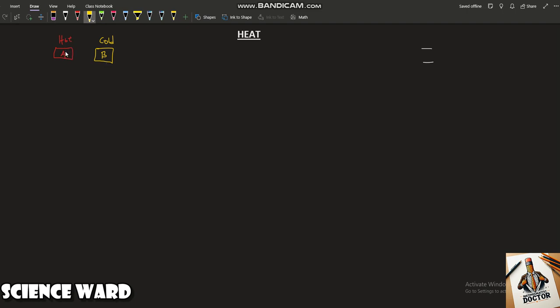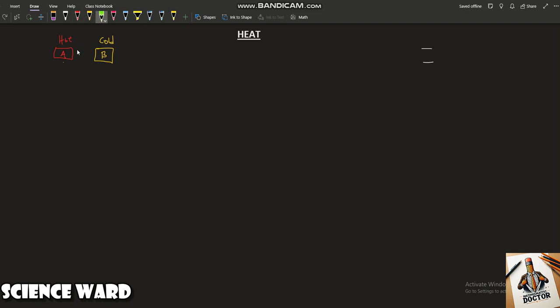So I have my object A, which is hot, and object B, which is somehow cold, right? Because there's a temperature difference between these two objects, object A will transfer some energy to object B if they are close to each other.